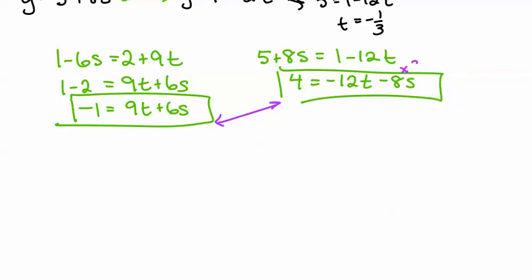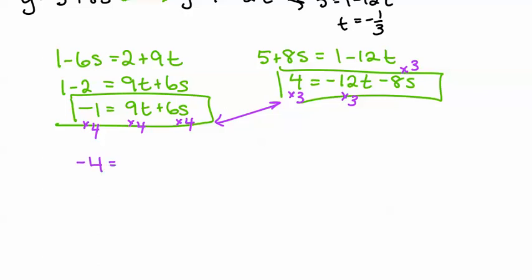So if I multiply this equation by 3 and this equation by 4, I can make both s's have a coefficient of 24, which means I have to multiply everything in this equation by 3 and everything in this equation by 4. You can multiply each term in an equation by anything you want to.